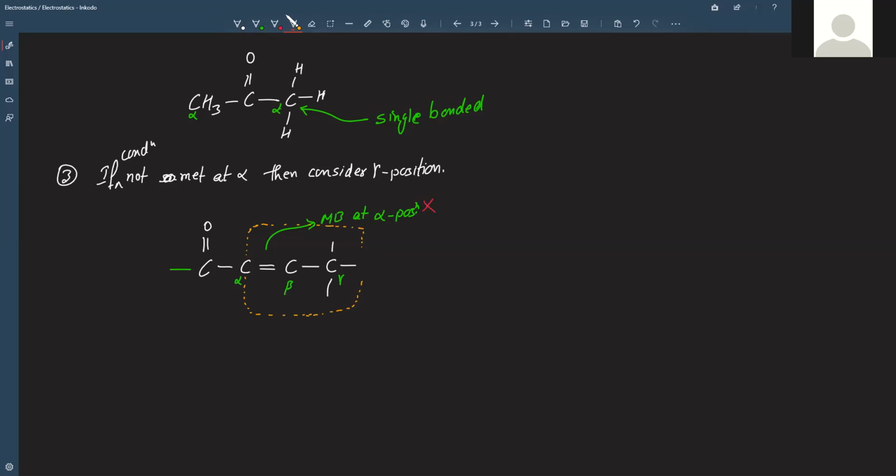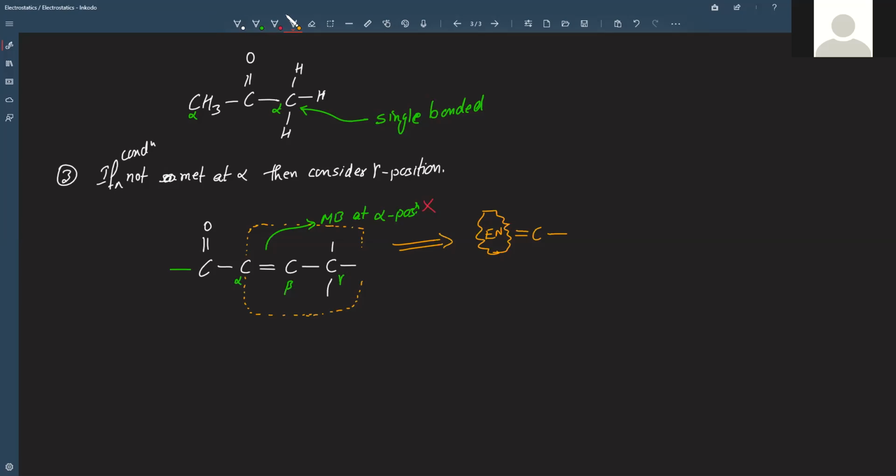I hope you understood, and if not, let me show this once again. We can think of this as C double bond. After that there is a group here, which is an electronegative group, right? And then that carbon double bond with this electronegative group, which is beta here.